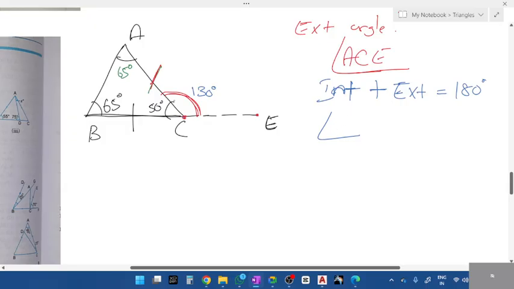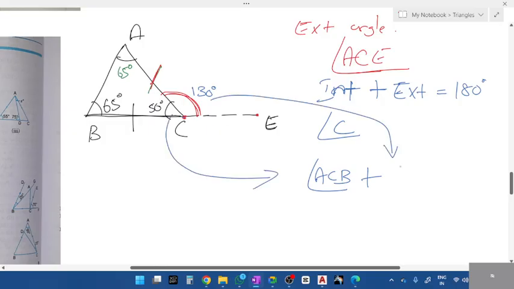Now tell me, what is interior angle formed? How will you name that angle? Should I just write C or ACB? I should write it as angle ACB, interior. What is the exterior angle formed? That's vertex C. Okay, let me explain again.